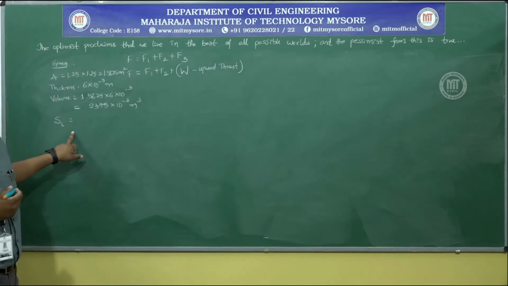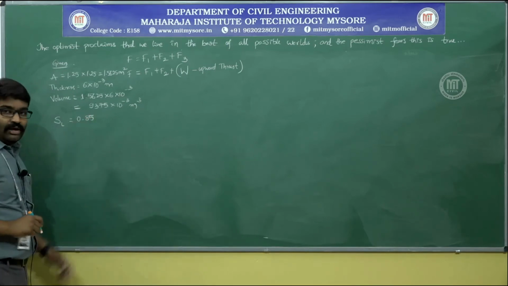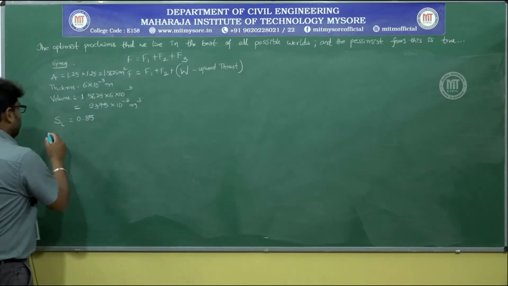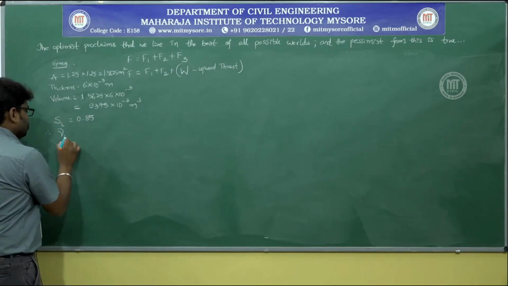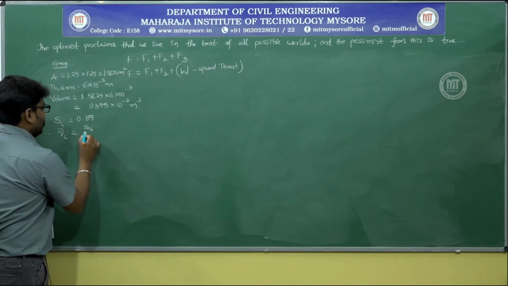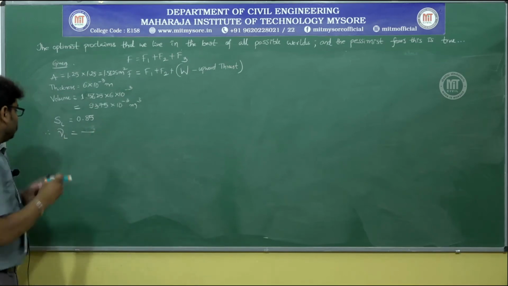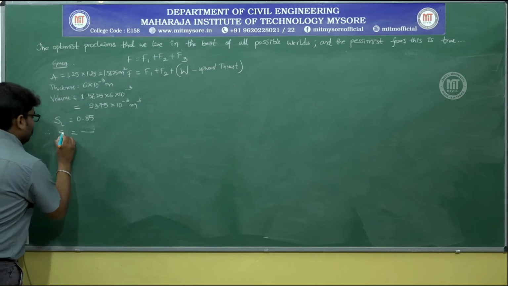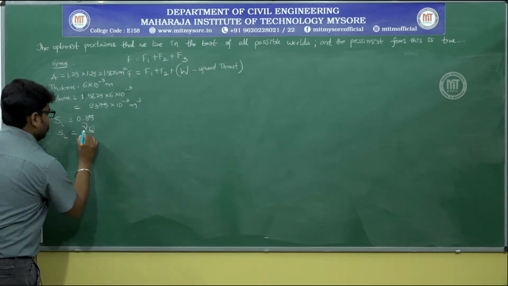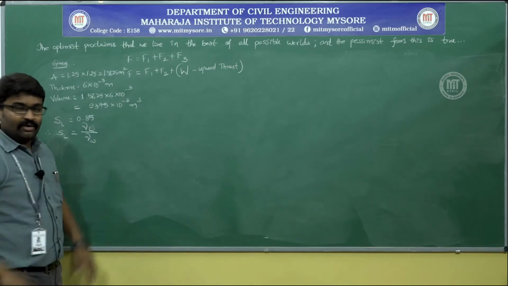Now, specific gravity of the liquid is given to be 0.85. How do I get the weight density using this specific gravity? Specific gravity of the given liquid is equal to weight density of the given liquid divided by weight density of standard liquid, which is nothing but water.